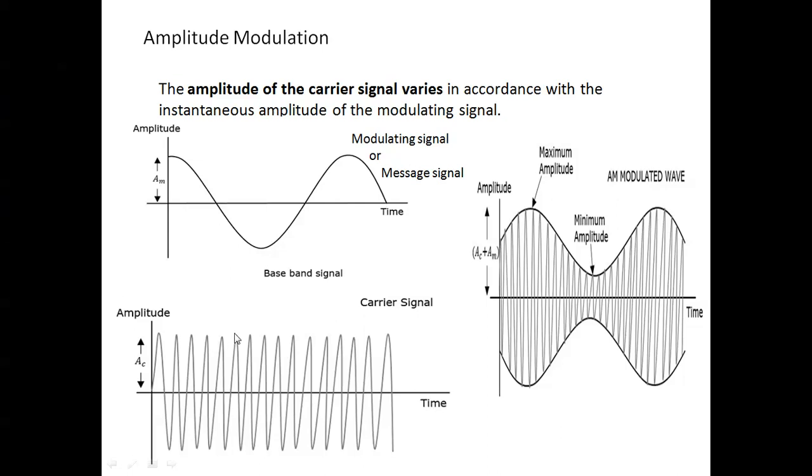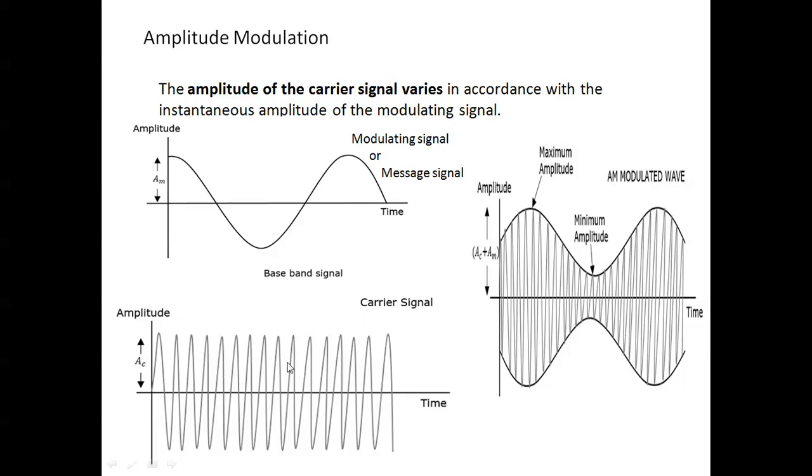This is the carrier signal, this is the input signal, and this one is the modulated output signal. The input signal we can call a message signal or modulating signal, or otherwise a baseband signal.